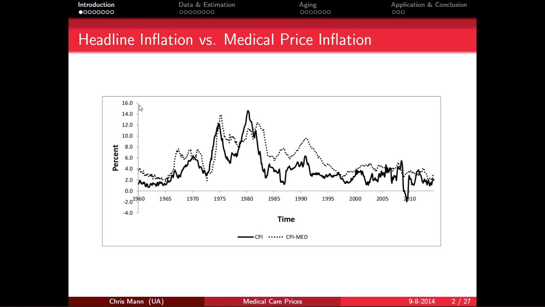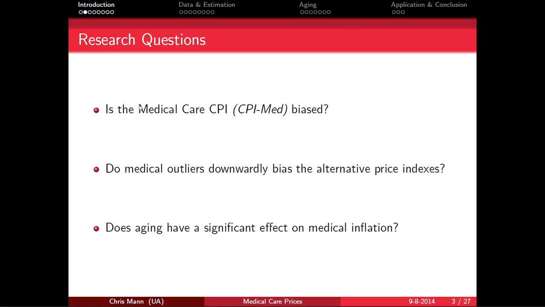Now, the question that a lot of healthcare economists have had is, does the CPI, or the medical care component of the CPI, accurately reflect the inflation rate of medical care in the economy? Right?